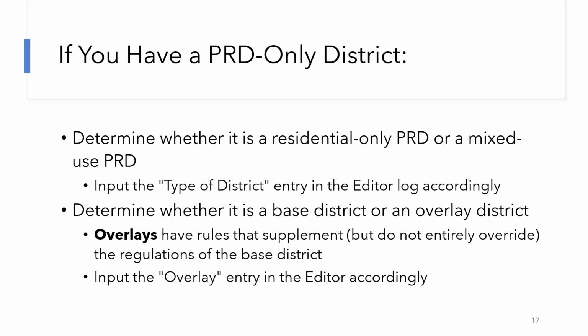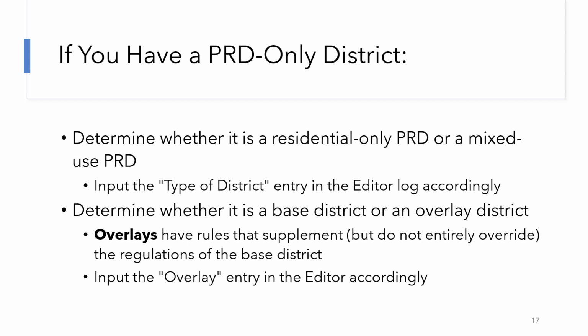Then you're going to determine whether it's a base district or an overlay district. Overlays have rules that supplement but do not entirely override the regulations of the base district. So for example, if you have a PRD district that has height regulations and setback regulations that come from an underlying district, then it is an overlay district.